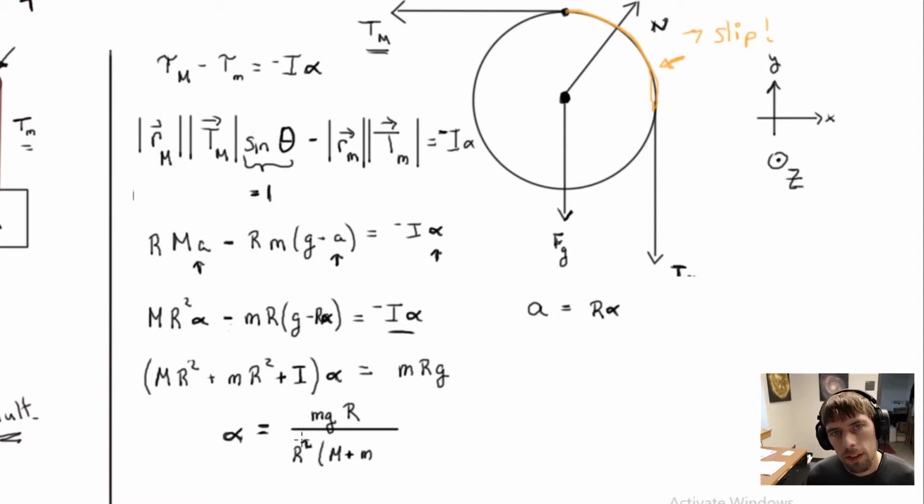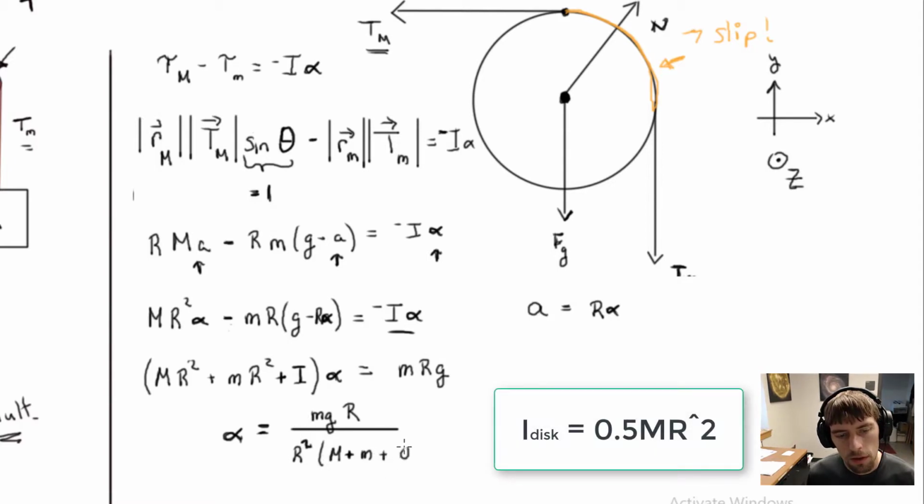Moment of inertia of the disk. Well, that's just 0.5 mass of the disk, which I call M_P, times R squared.